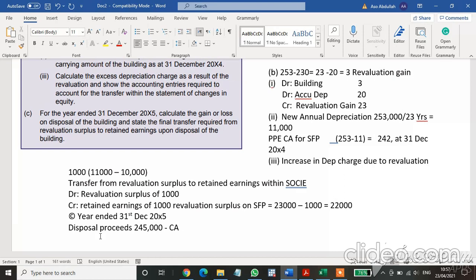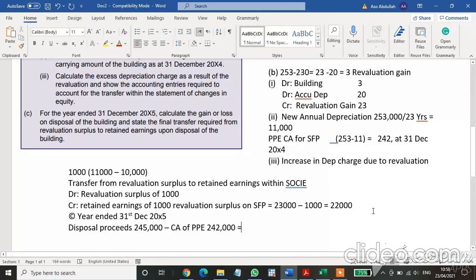What was the carrying amount of the PPE? The carrying amount of the PPE is 242,000.